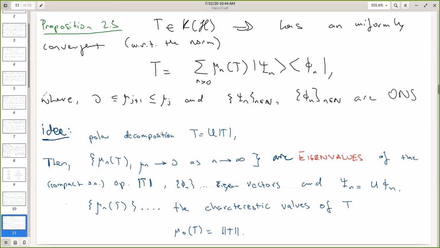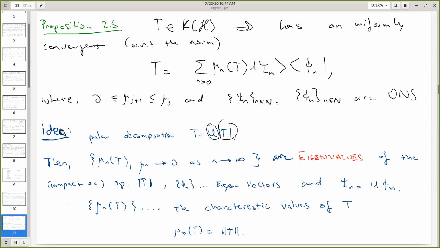And the idea here is the following. Any operator has a polar decomposition, so you could decompose it into u, some unitary, and the absolute value of T, and then mu n of T goes to 0 as n goes to infinity. So these are the eigenvalues of this compact operator, and phi n are the eigenvectors of this self-adjoint compact operator, and psi n is u phi n.